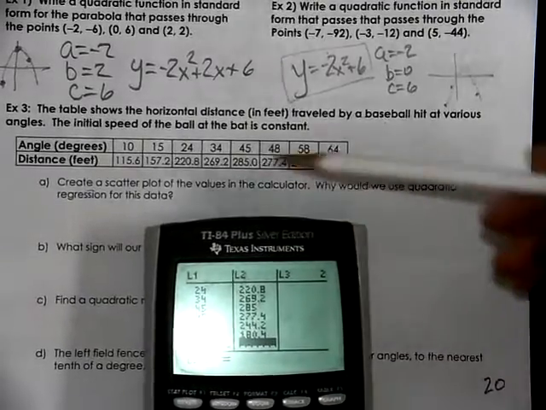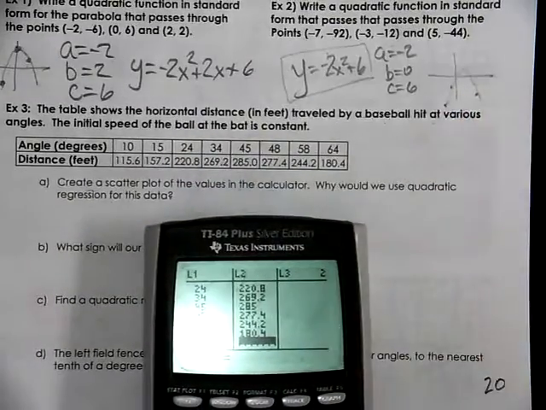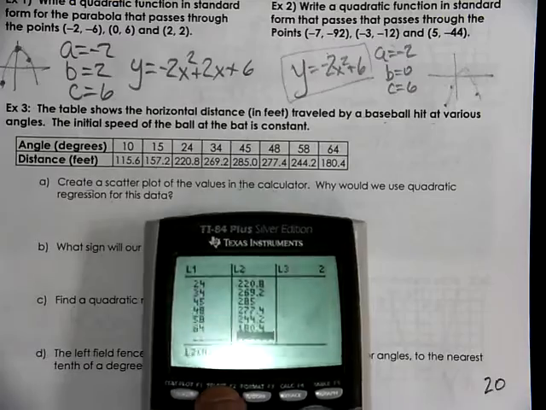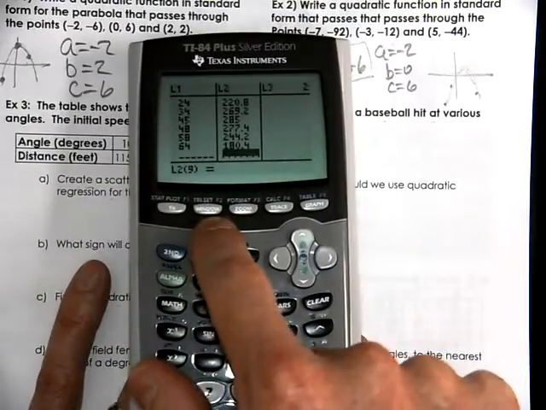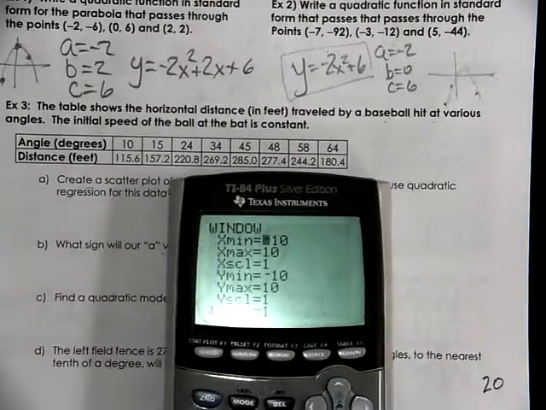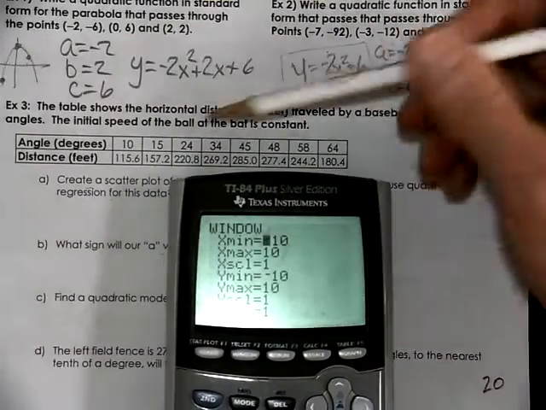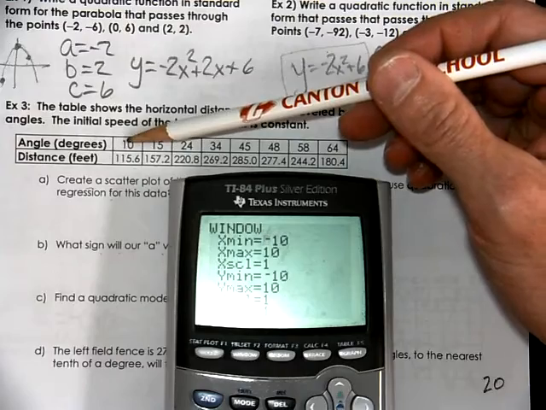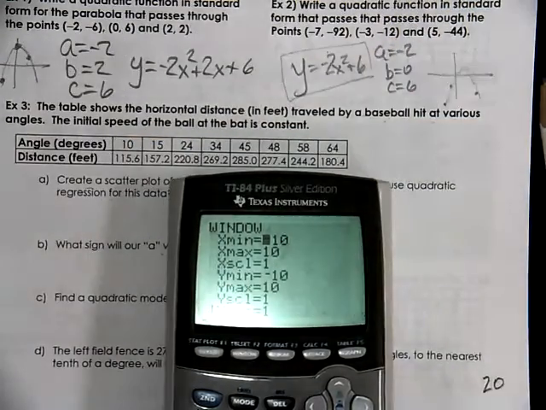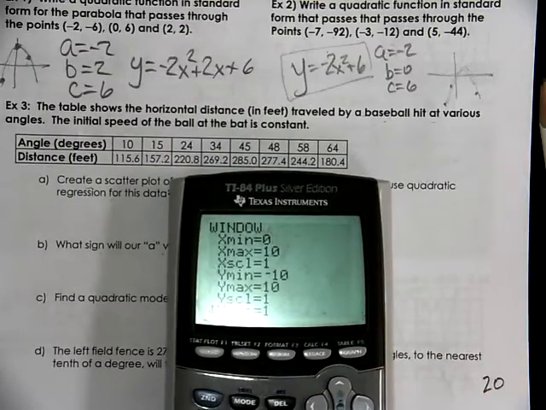All right, so for us to make a scatter plot, what we need to do is work with our window. So let's hit Window, which is the button here. And we need to be smart about where we're looking on our window. We have an X value that goes from about 10 up to 64. So I would suggest a minimum at 0, so that's always good to have the y-axis on the screen.